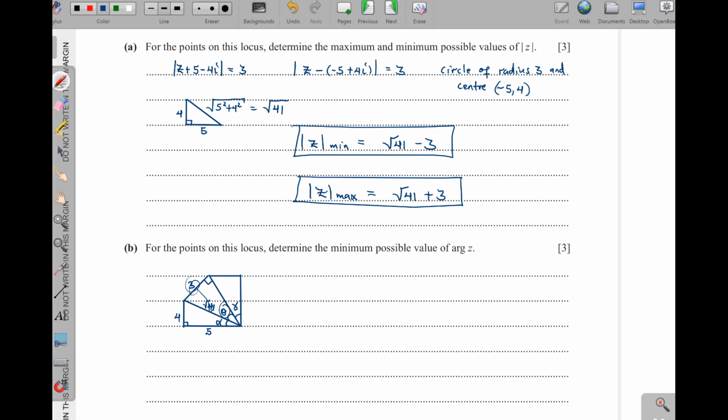Then I can also get what? Theta. Then remember, my mandate is to find this alpha here. Then I add it on the 90. You get that? So our argument is going to be from here to there. That is our argument of z, the minimum.